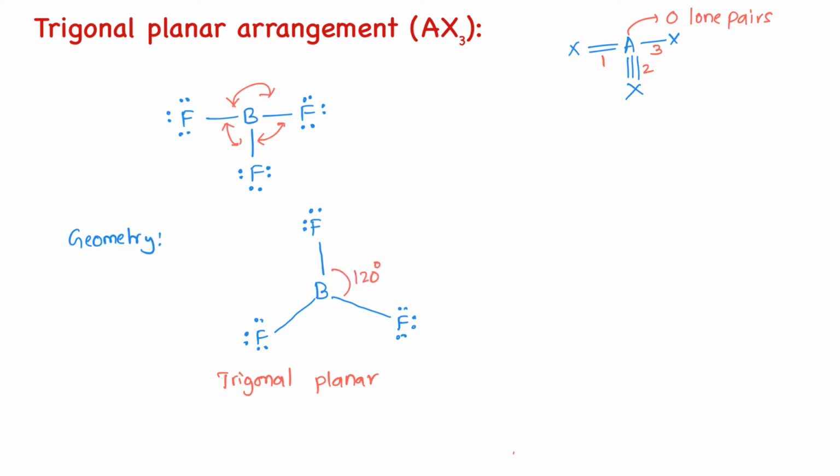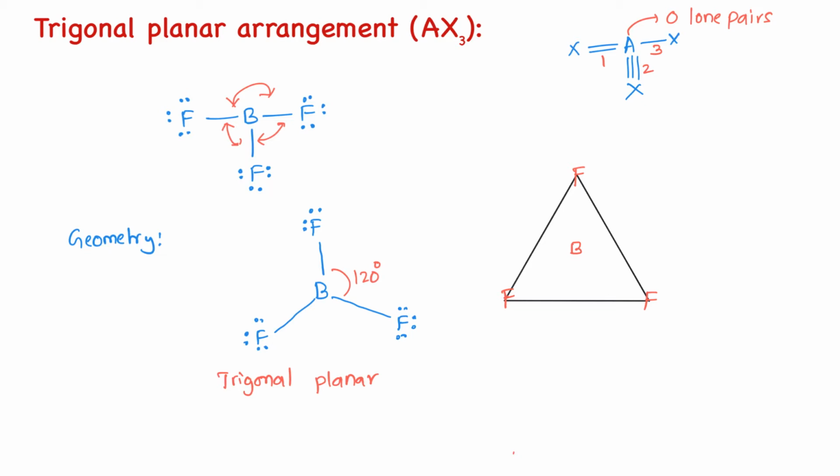Let us try to visualize this geometry. Draw an equilateral triangle on a piece of paper and cut it out. The center of the triangle is where the central atom sits, that is boron. And the 3 corners of the equilateral triangle have terminal atoms, that is the fluorine atoms.